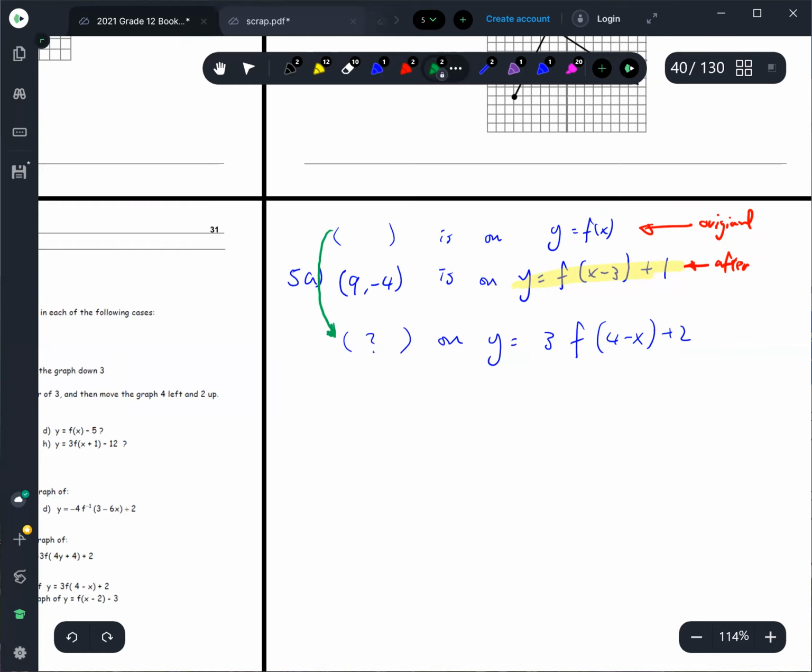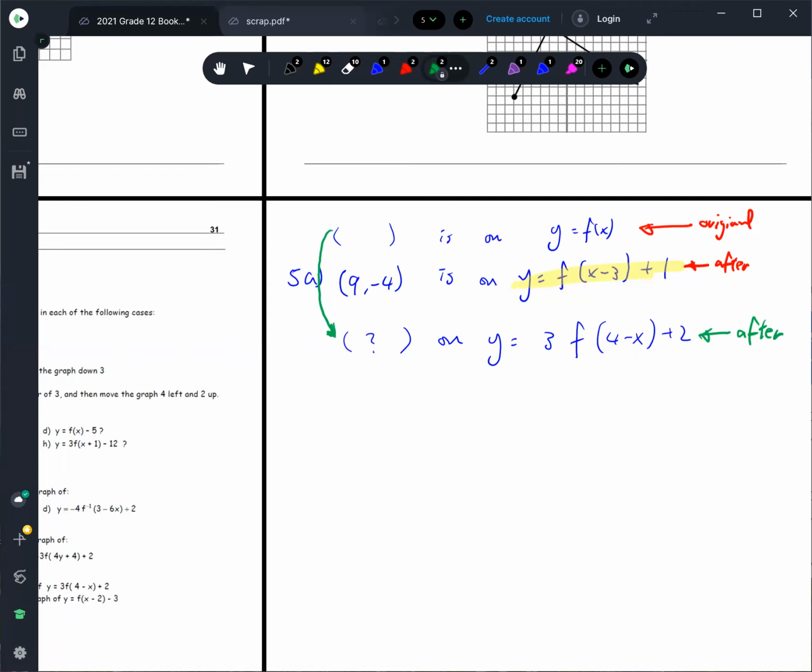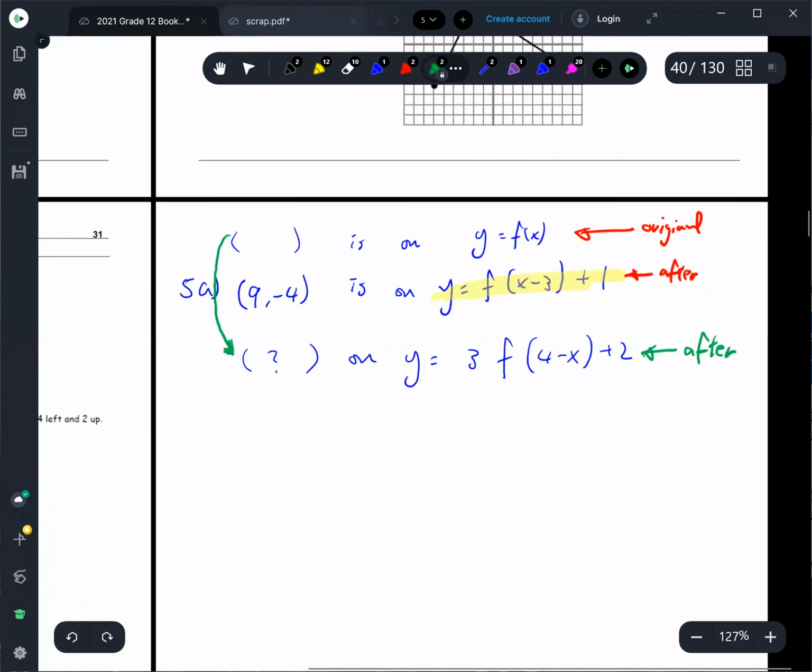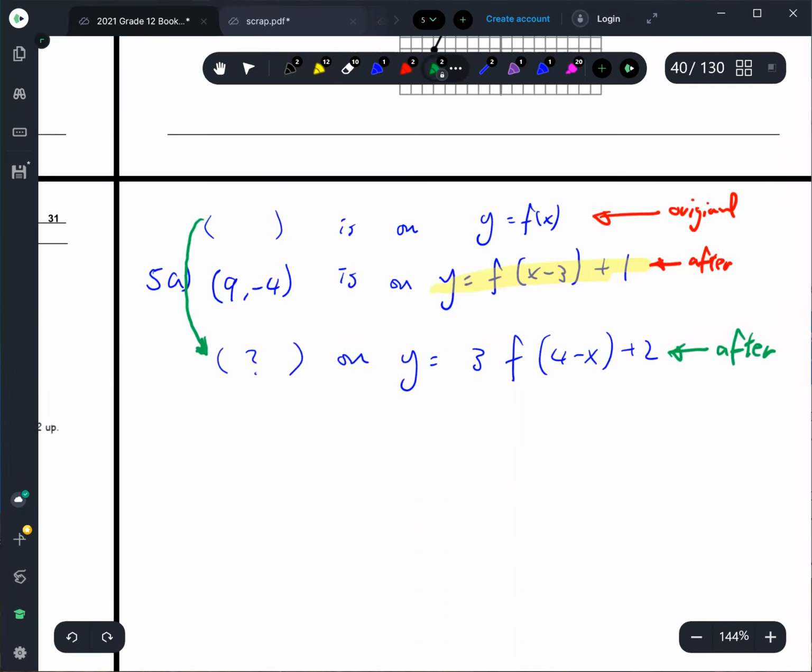So the plan is to figure out the original point and then use the original point to get the point that we want to get to. So you have the after, another after, but the green after is the one we want to find. Okay, so let's look at the story for the red after.